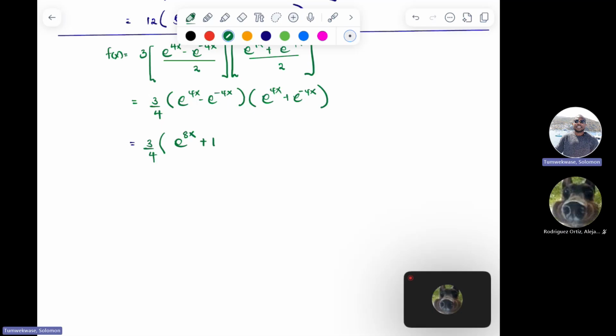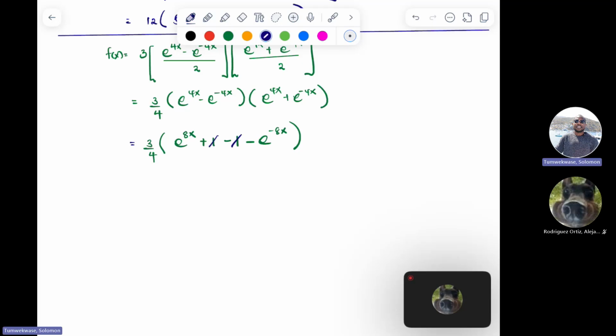Then minus 1, because this is e to the negative 4x times that guy here, then minus e to the negative 4x times e to the negative 4x, that is e to the negative 8x.